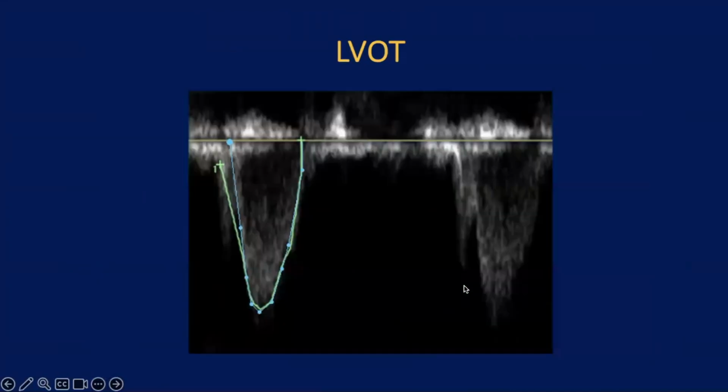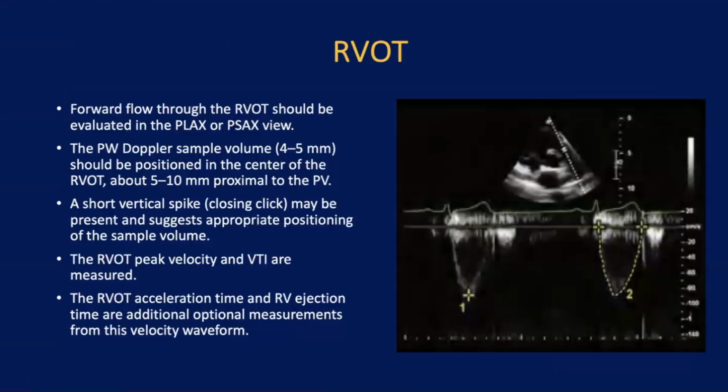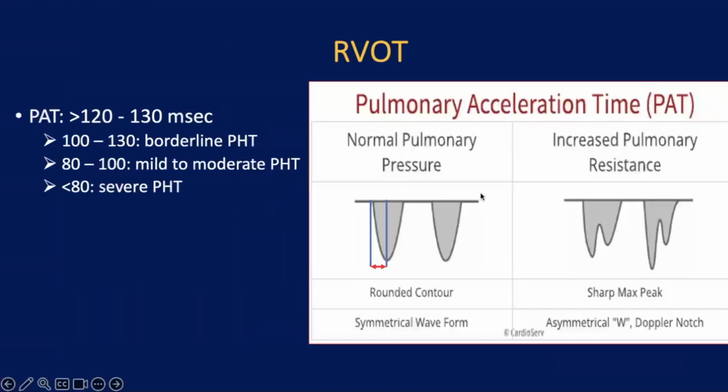However, it's the opposite in the RVOT. It should be a bit rounded because it takes time to reach the maximum pressure. Whenever we have an element of pulmonary hypertension, resistance, PE, pneumonia, advanced lung disease, collapse, whatever, you start to have a steep acceleration time and some deformities on the wave.